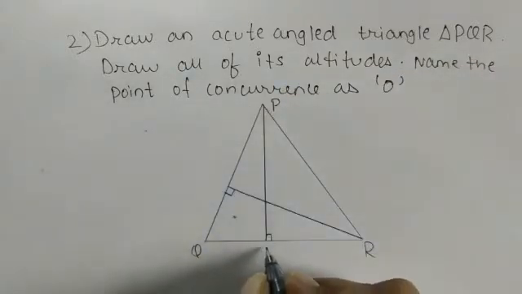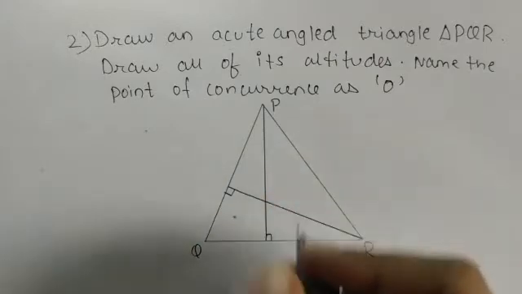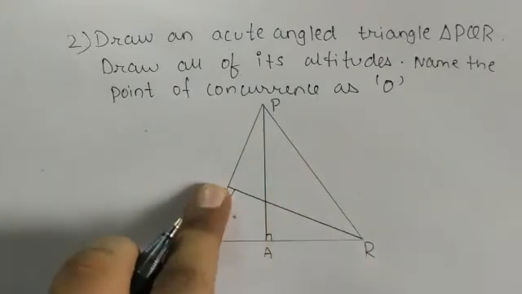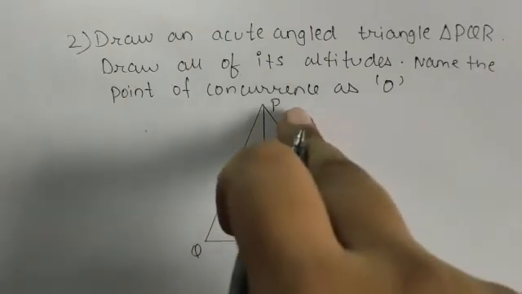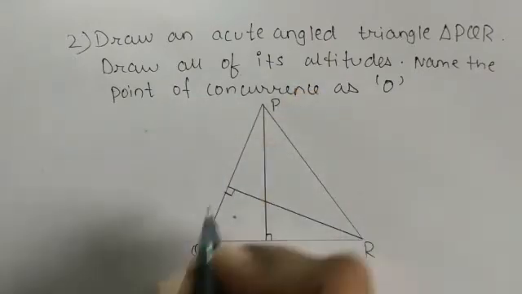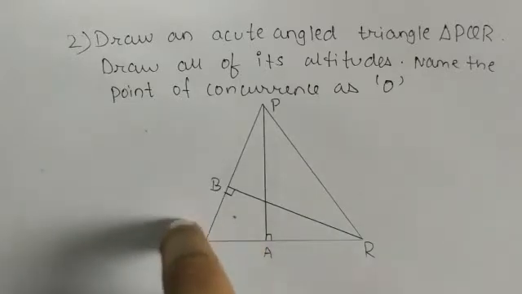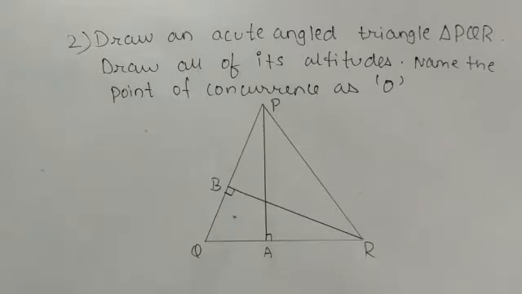So the first altitude also we have not named. So we will name it as A. And this is the second altitude from vertex R to its opposite side PQ and we will name it as B. Now we will draw the third altitude from vertex Q to its opposite side PR.